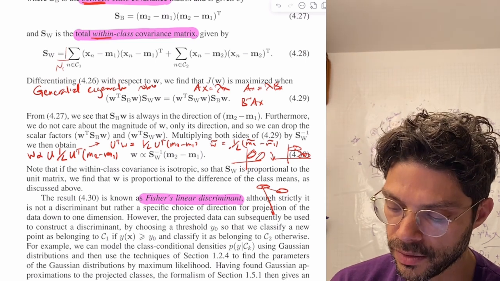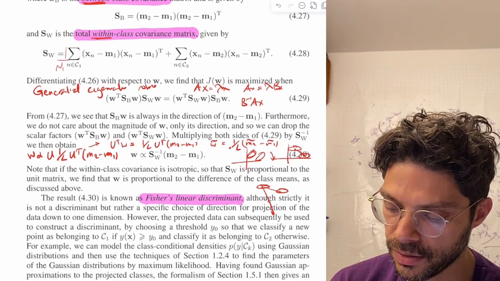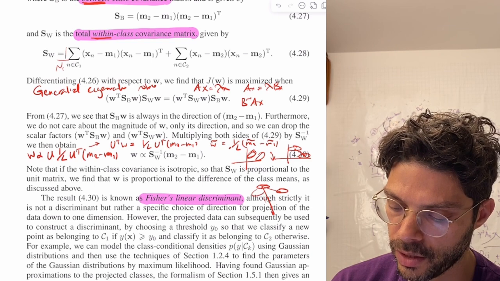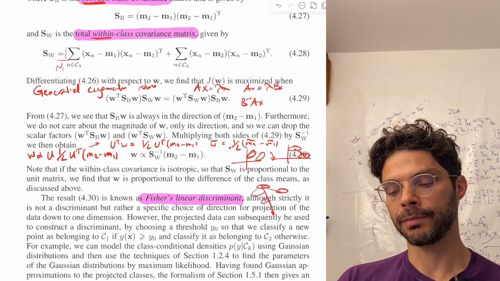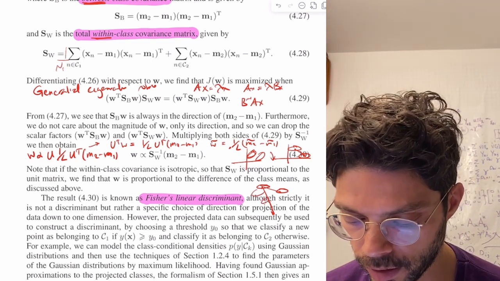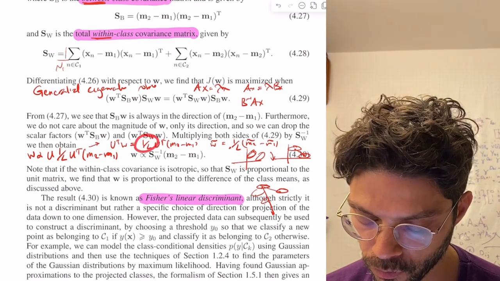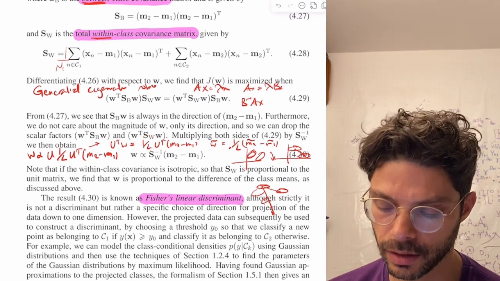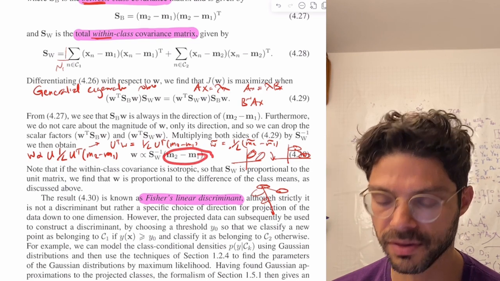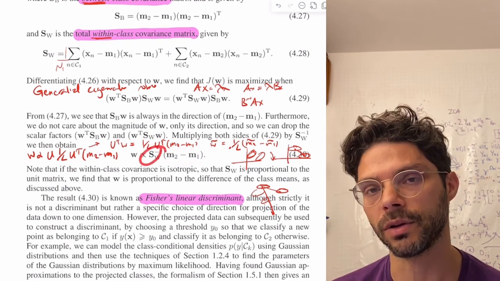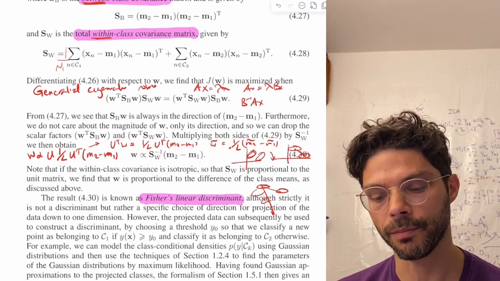If you're projecting this data along that particular direction, you do separate it. But I don't have a better intuition than that for why the 1 over L would show up. All I can say at this point is that the difference of the means is there, but you have to do some accounting for the covariance of the two classes.